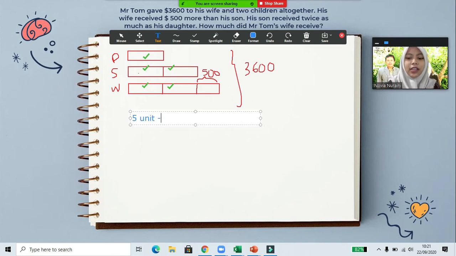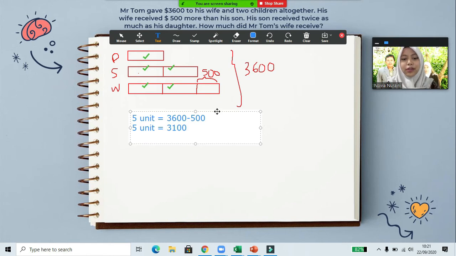5 units equals 3,600 minus 500, because we have 500 here. If we subtract 500 from 3,600, we get the 5 units. So we see that 5 units is 3,100.